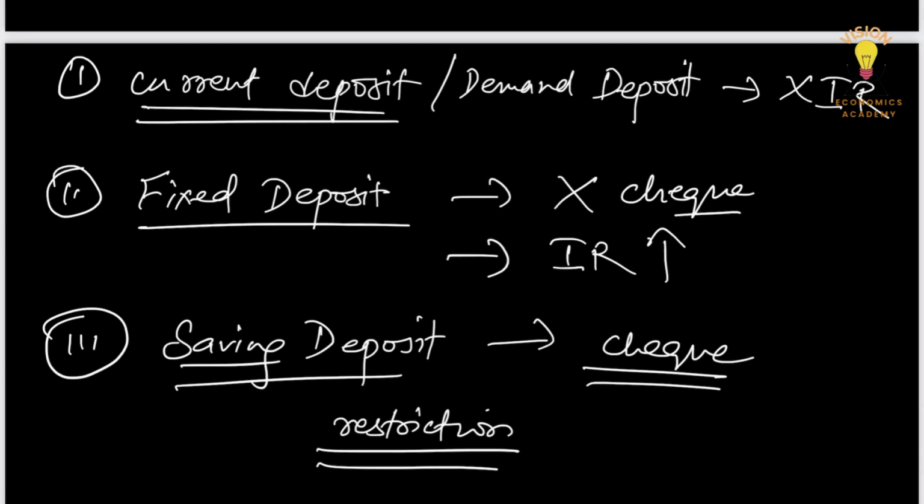They charge, to discourage withdrawal, right? And yes, of course, some interest is paid, but it is not as high as on fixed deposits. So interest is paid, but it's less, right?